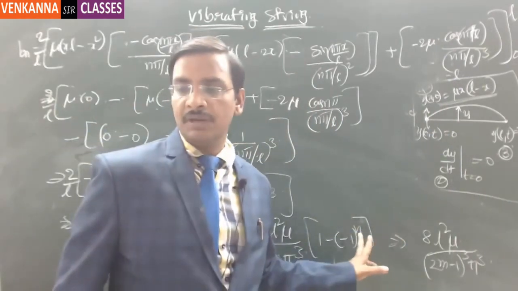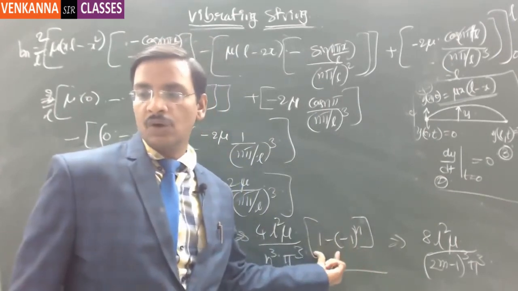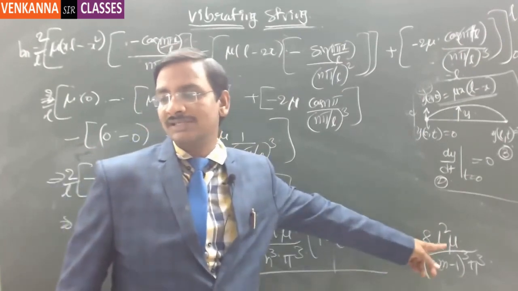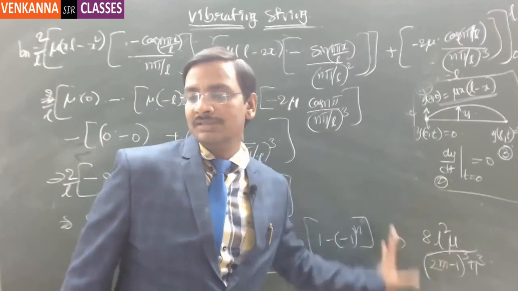For every even number it is going to be 0. For every odd number you get the value twice, that is 1 minus (minus 1), which is plus 2. So 2 times that, 8L square mu divided by (2m minus 1) whole cube into pi cube. This is the Bn value.